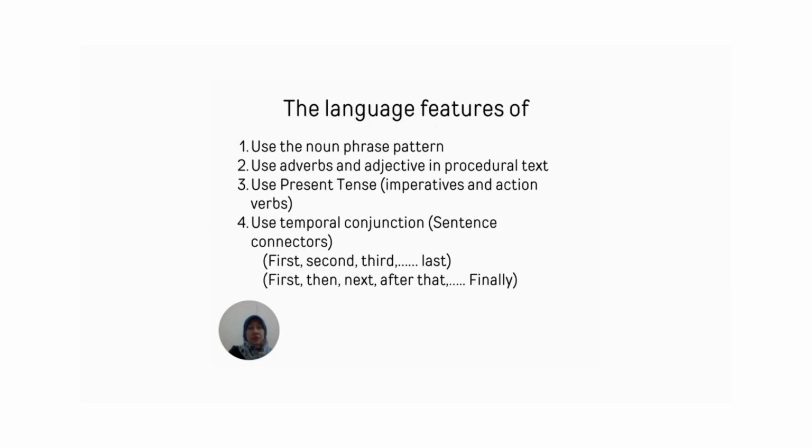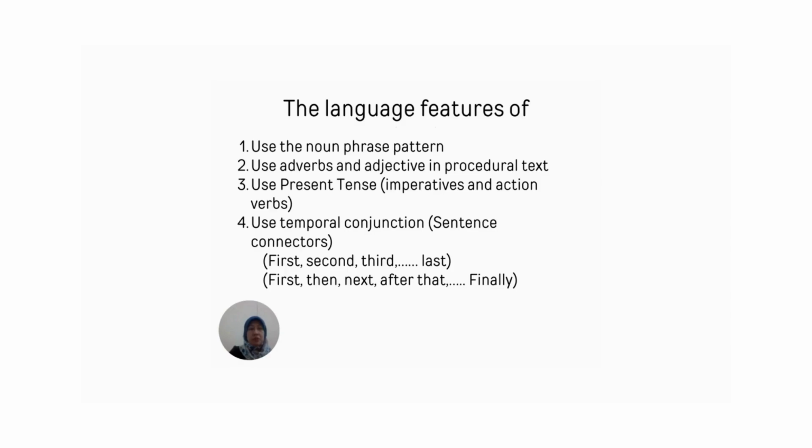The language features of the procedural text. If we are going to make a paragraph of the procedural text, this is the sentence or word construction for writing about it. Number 1, use the noun phrase pattern.